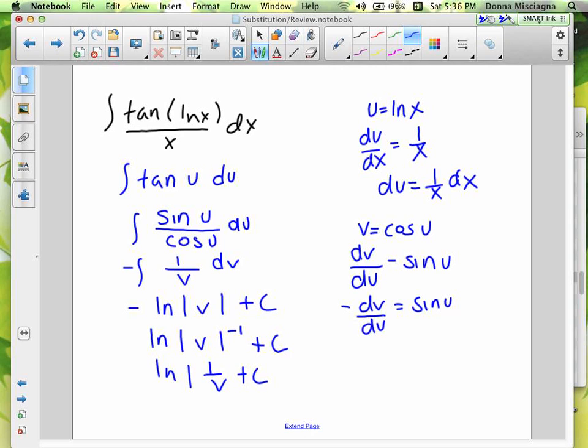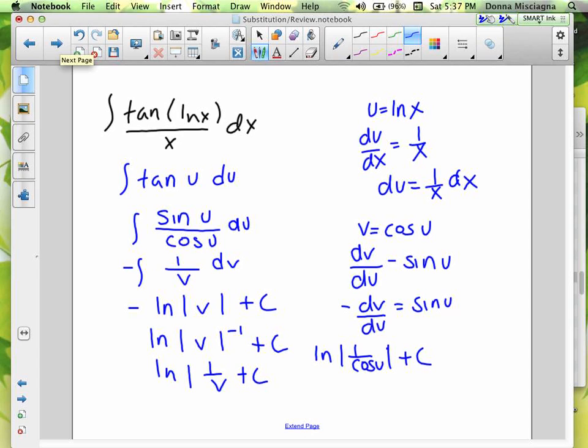And what was v? v was cosine. Not going back to the other one. I'm with v's now, not u's. So continuing on, we have natural log of 1 over cosine u plus c. I've got to replace the cosine u, because we didn't start off with u's either. We started off with x's.